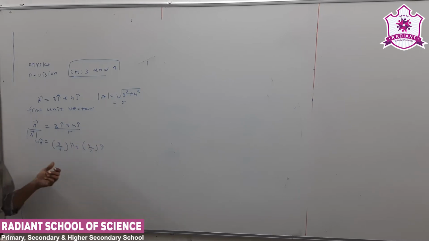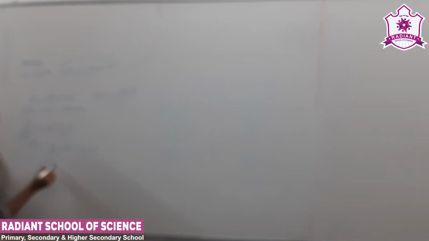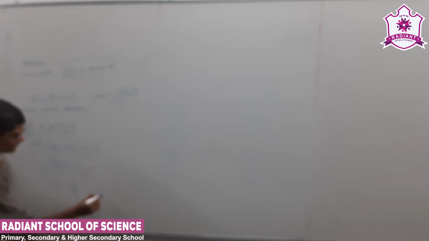Why? Because, as the name suggests, it is a unit vector. So if we find its value, we should get 9 upon 25 plus 16 upon 25. This is how we can find the unit vector of the given vector.